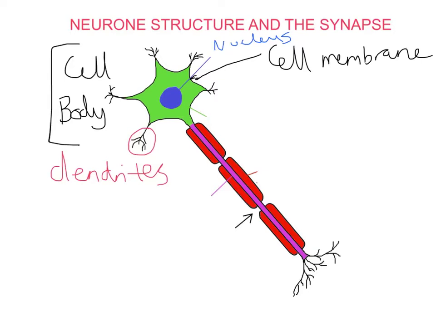Now you'll notice in purple, it's as if someone's grabbed that cell body, a section of it, and dragged it really far down. There's a really long thread-like extension of that cell body, this bit in purple, and that here we call the axon, A-X-O-N, the axon. And you'll notice that axon is covered in this sort of red sheath or red protective layer.